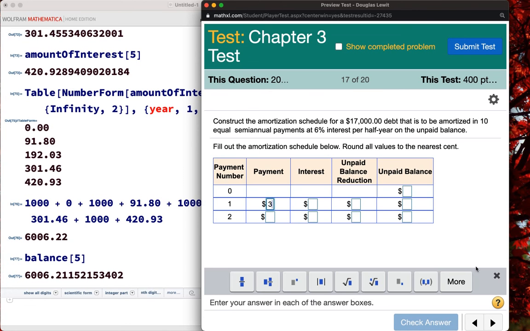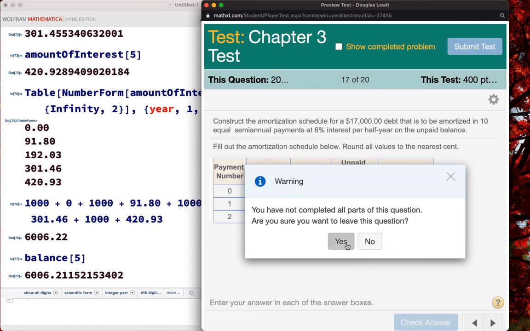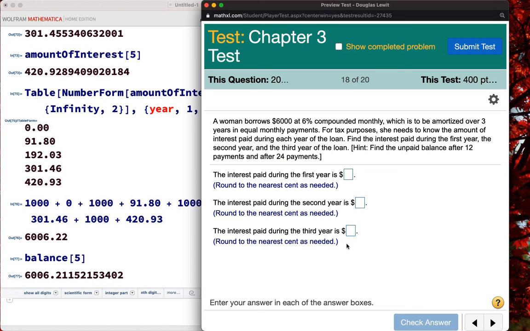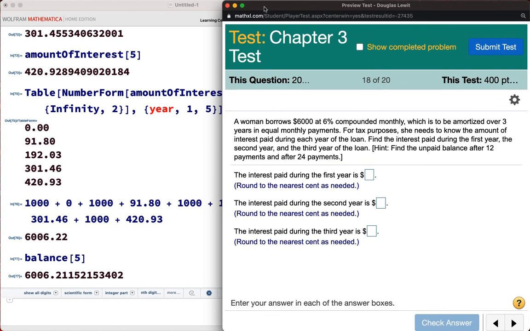Okay, let's just skip this. All right, this problem is interesting, number 18. Let's go over this problem. This is going to be the last problem that we do for this video, okay?